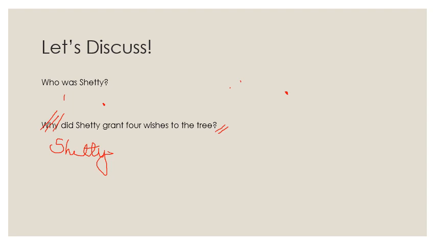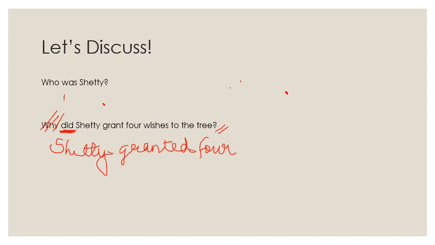So here we can see did is here, and we have just discussed that did means the past. So here we will write Shetty granted, G-R-A-N-T-E-D. Why? Because the past of grant is granted. So Shetty granted. Again we have 4 wishes.